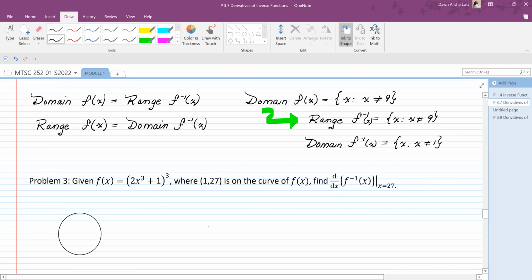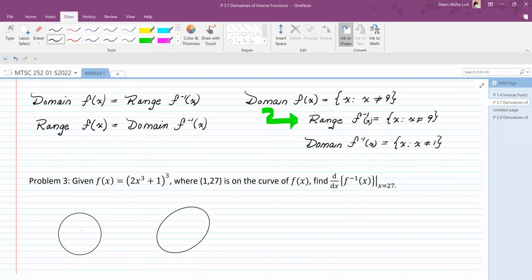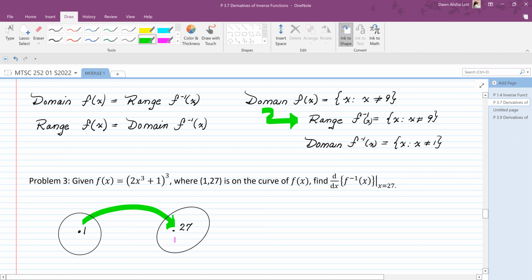So here is the point 1 over here and it goes to 27 over here. 27 is one of my favorite numbers. Okay, so f takes 1 to 27 and f inverse takes 27 back to 1.